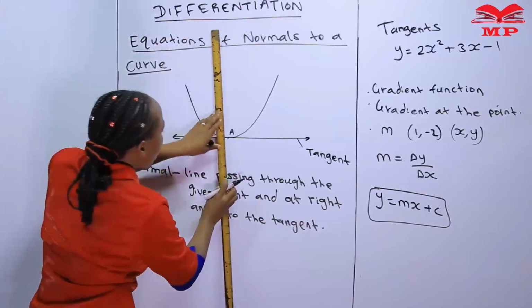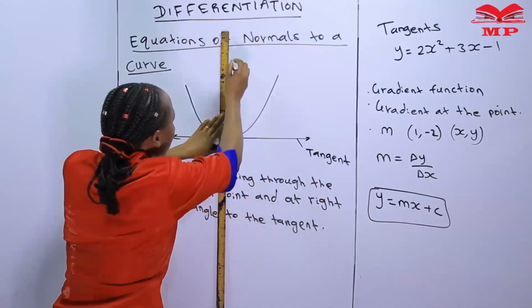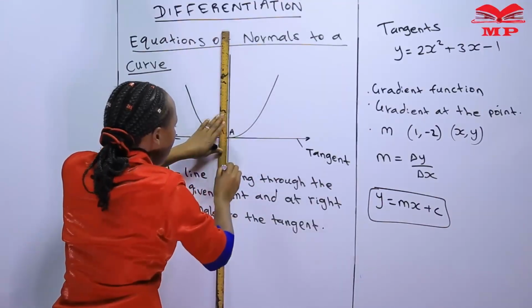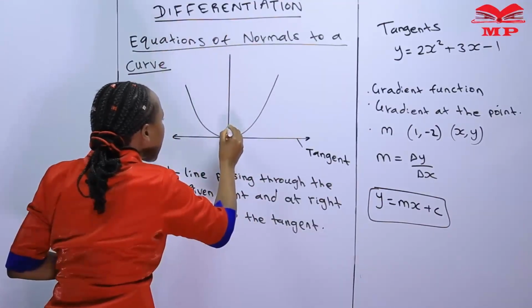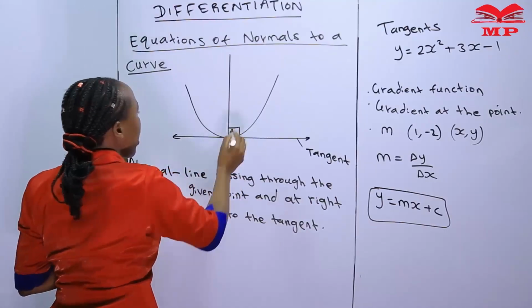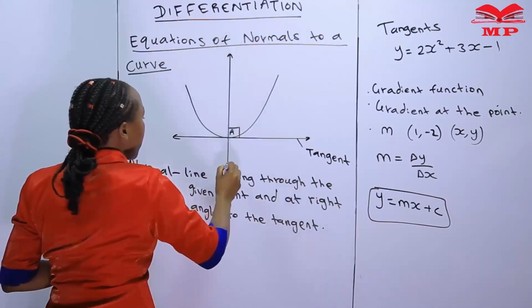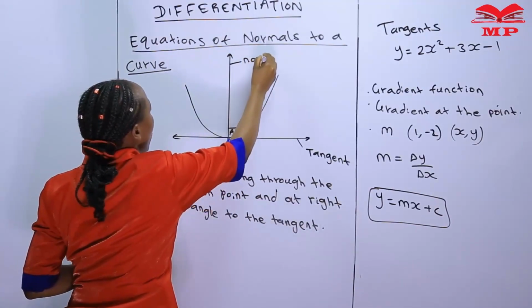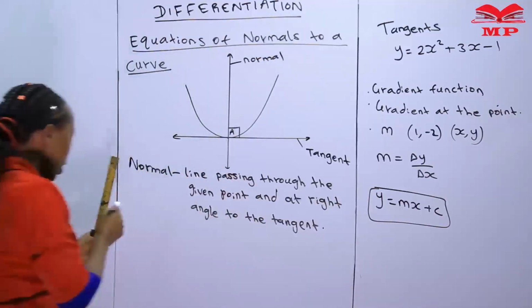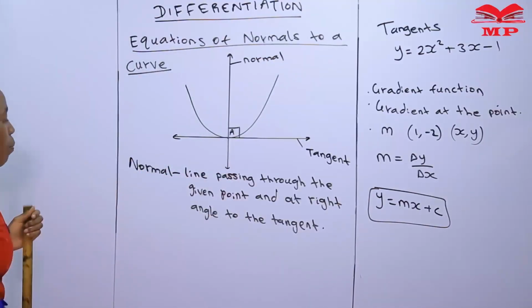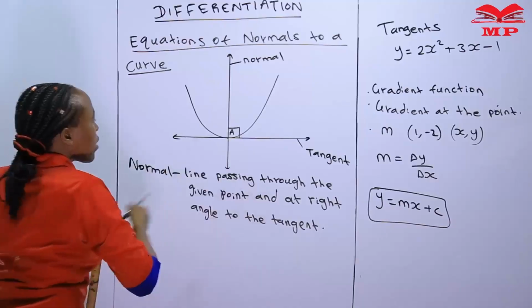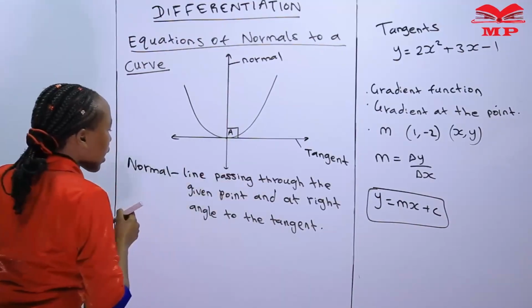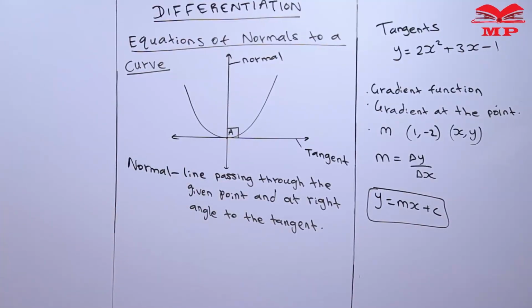So if this is our tangent and we measure here, we have 90 degrees to the tangent, then we'll say that this is the normal. So a normal is a line passing through the given point and at right angle to the tangent.